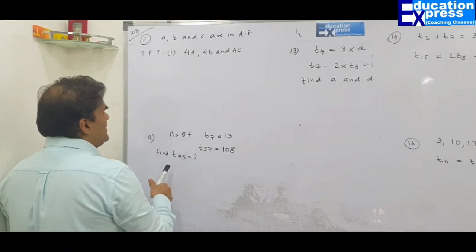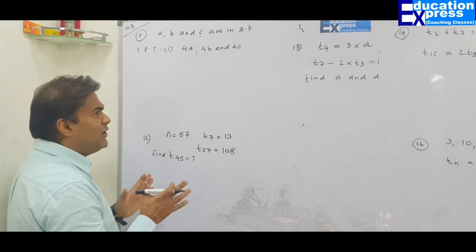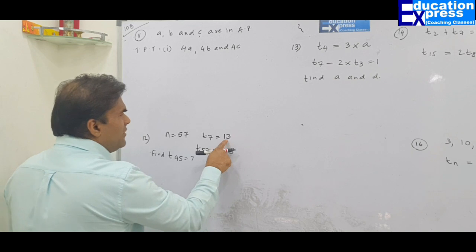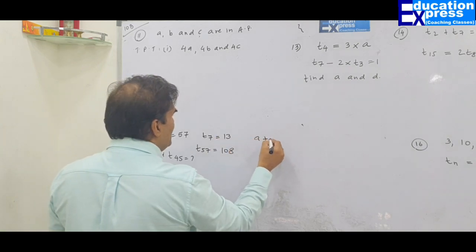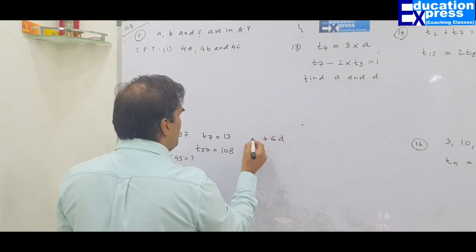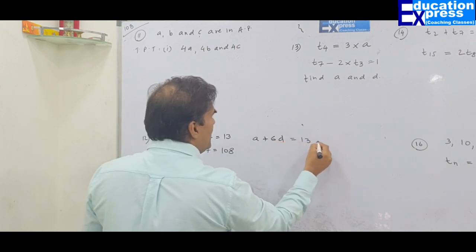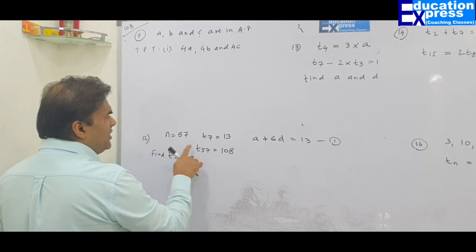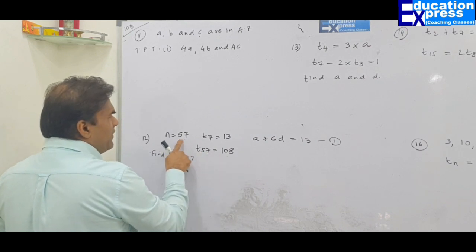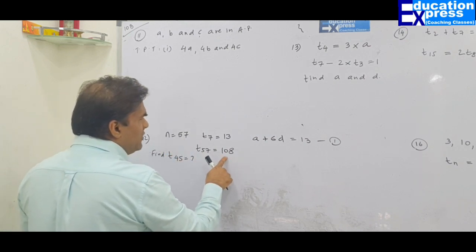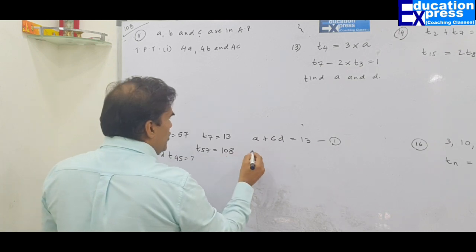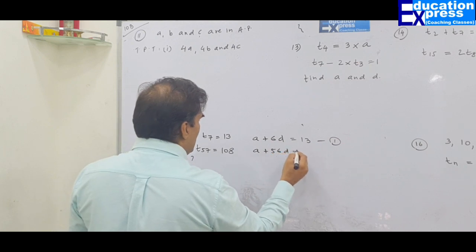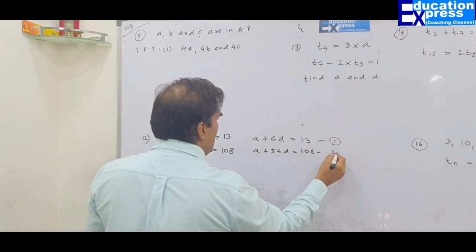It's given to us that there are 57 terms in a series. Seventh term is 13. So can I say a plus 6d equals 13? That's the first equation. For the 57th term, they have mentioned the nth term, but n is 57. So the 57th term would be 108, so a plus 56d would be 108.